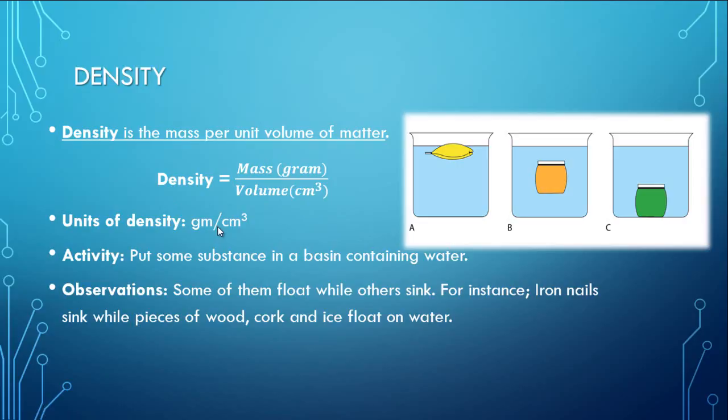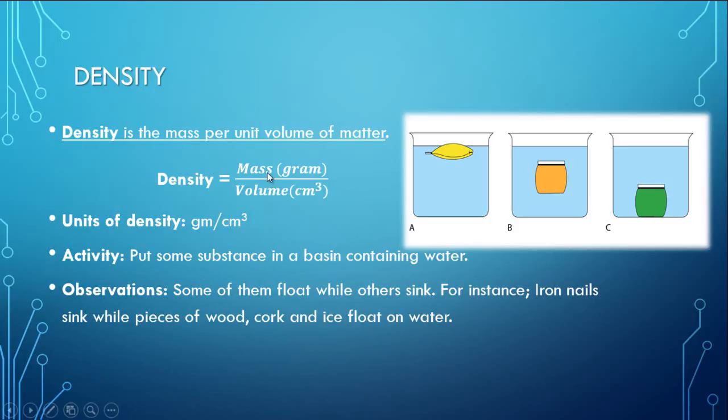We can make an activity by putting some substances in a basin containing water, like these objects A, B, and C. We can see here that the object in C sinks, but the object in basin B suspends.